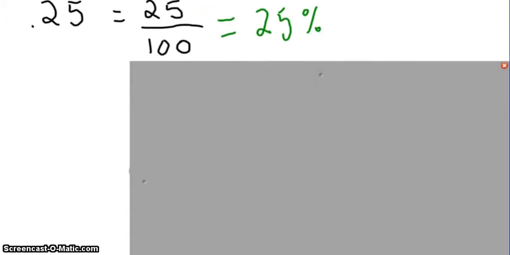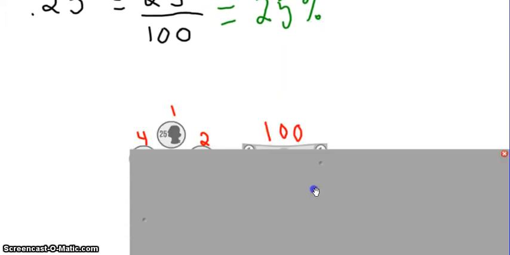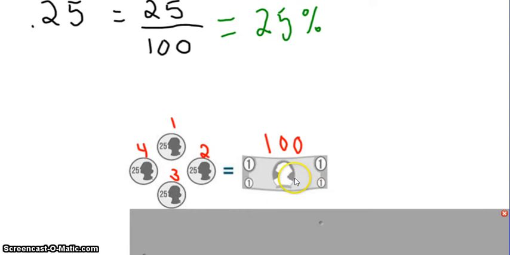If we scroll down here and look at this visual, we have 4 quarters. 4 quarters are each worth 25 cents, just like we're trying to find out what percent is. So each quarter is worth 25 cents, and when we add up our 4 quarters, which are all worth 25, we get to 100, which equals our dollar.